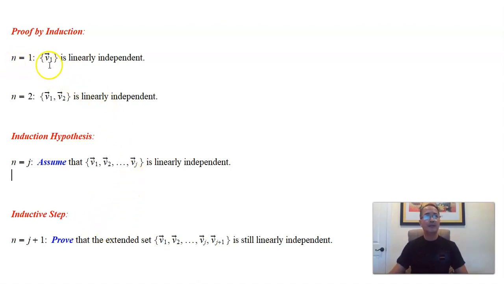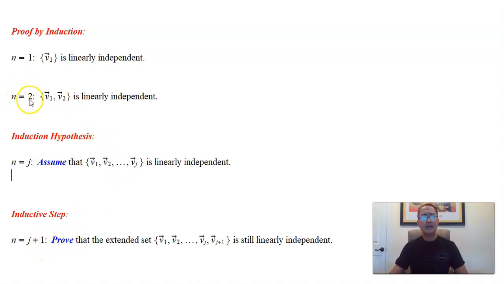You prove a statement when n is 1, and then you write the inductive hypothesis. You assume that what you're trying to prove is true for some n equals j. And the hard part is in the inductive step, where you prove that the property you want to show holds when n is j plus 1.